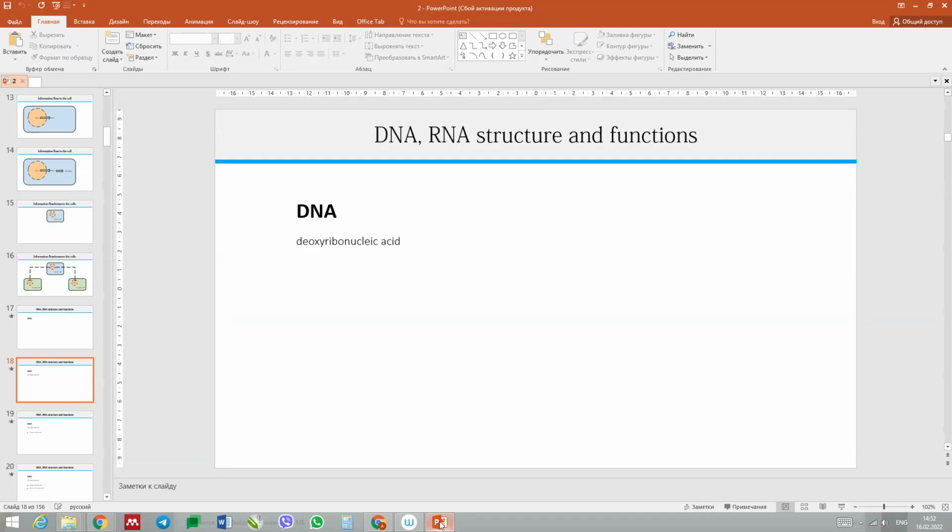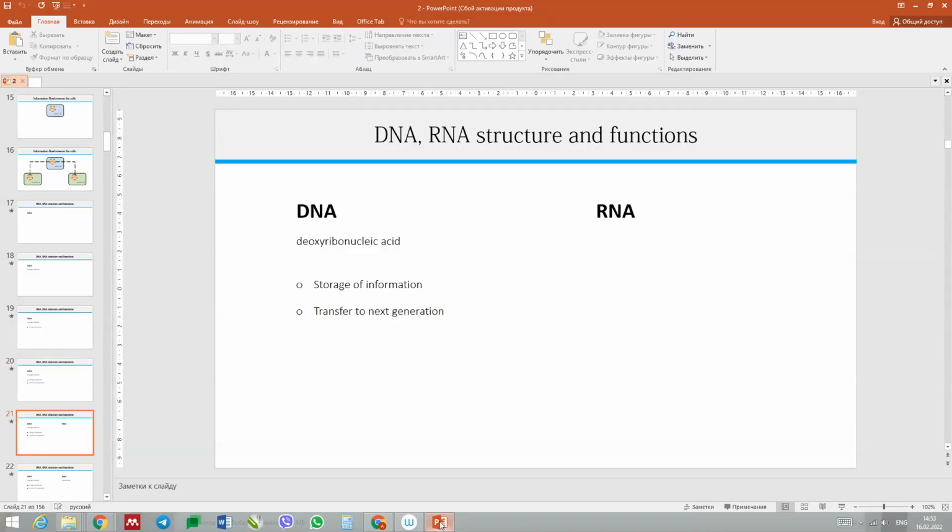Once again, DNA is an abbreviation of deoxyribonucleic acid, and its function is storage of information and transfer of information to next generations. When we speak about RNA, that is ribonucleic acid, its function is realization of hereditary information.